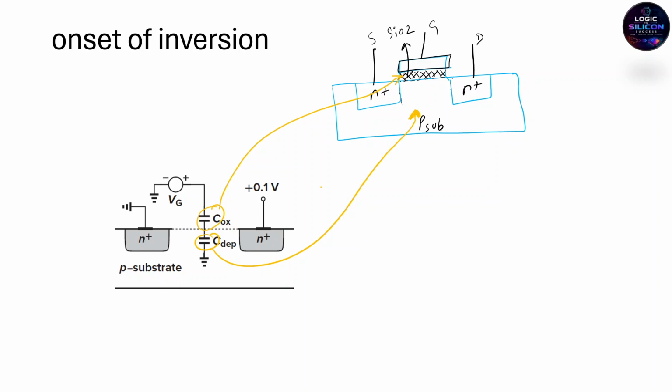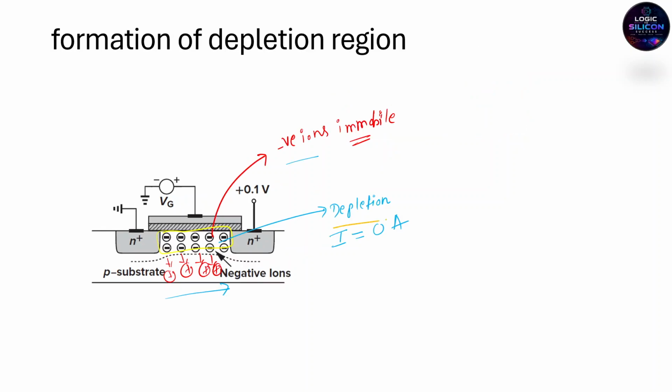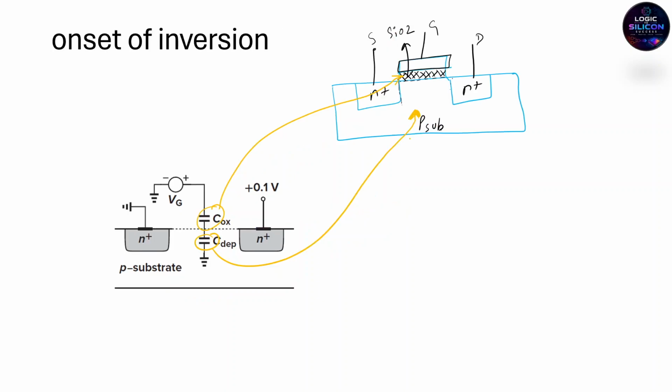Earlier, in the previous slide, we understood that this depletion region is getting formed. So with the depletion region, with respect to the metal, this is a depletion region, for example. So this is getting an equivalent capacitance formation.